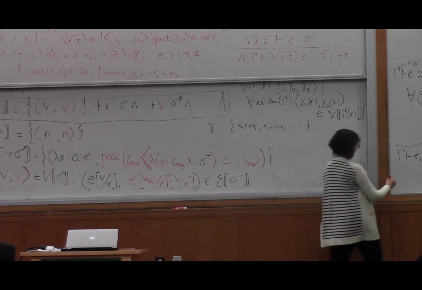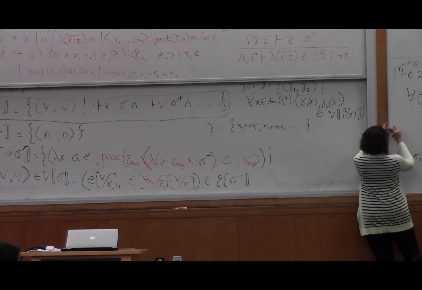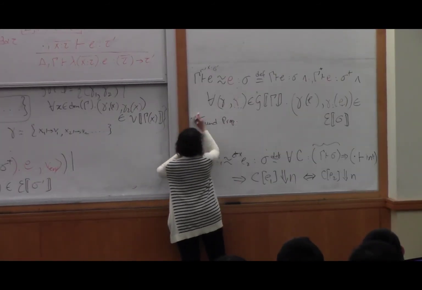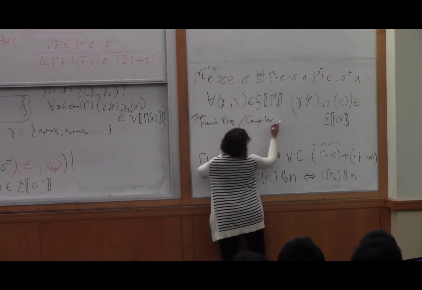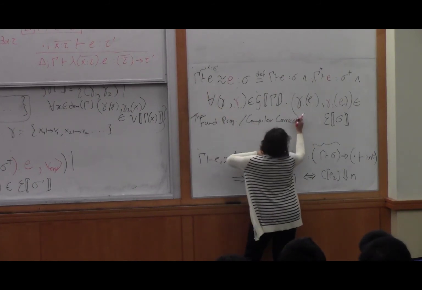Okay, so the theorem that we are now proving is the fundamental property, but much more usefully, it is now what we should call compiler correctness, compositional compiler correctness, because we're doing it for open terms.